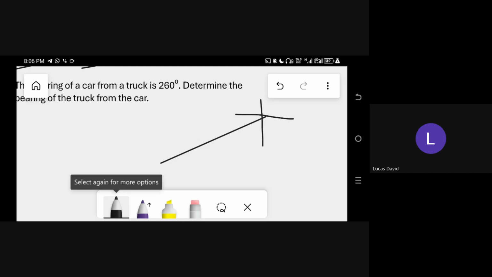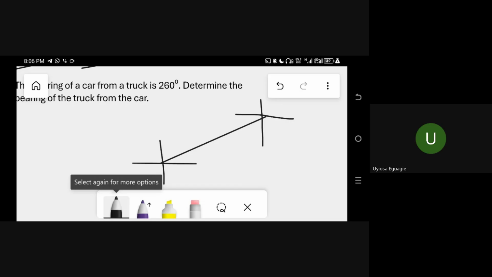I'm drawing from the third quadrant because that's where you can find 260 degrees, like Lucas said. If I draw from the third quadrant, it will meet the other point at this particular place here.